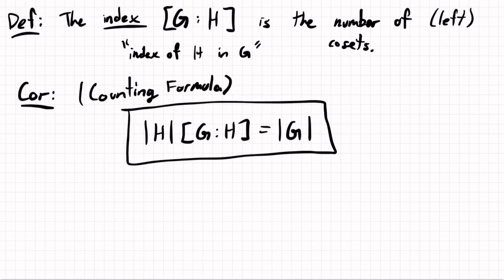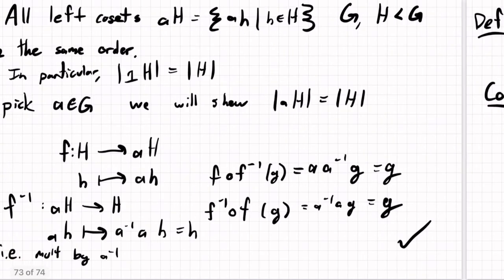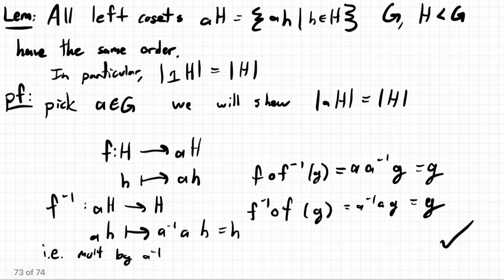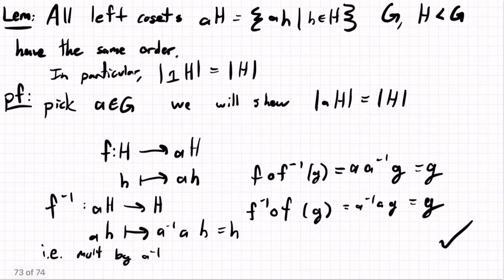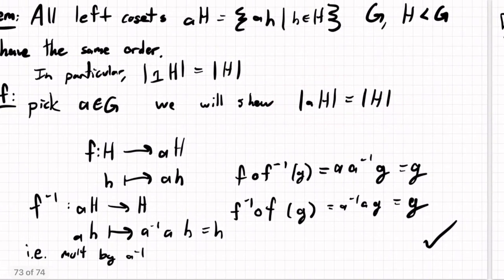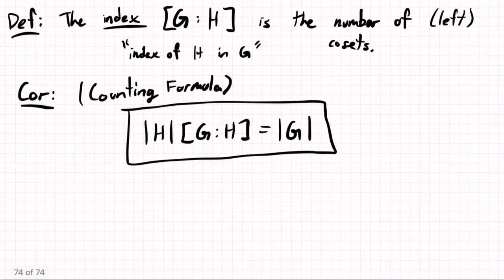So the counting formula says, and we just proved it, and the thing we used the most was that we're talking about left cosets and showing that the orders are the same, and then we used the fact from the definition of cosets that equivalence relations form a partition.